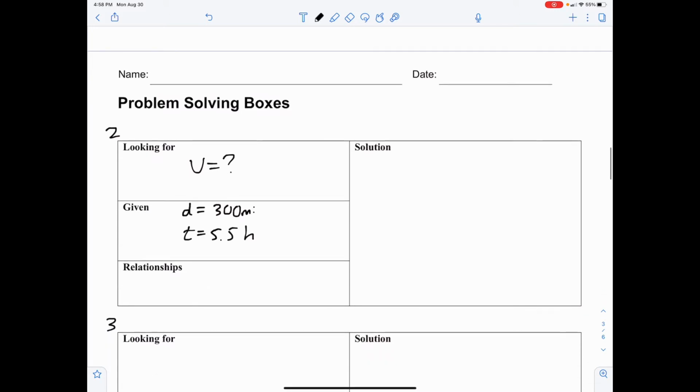We start with the main equation, V equals D over T. We write down that main equation in the solutions box, and you have to ask yourself, do I need to rearrange it and solve it for another variable? I do not, because I'm looking for V. So plugging into this, we're going to take 300 miles, divide that by 5.5 hours, and the average speed, go ahead and pause the video and try to make this calculation yourself.